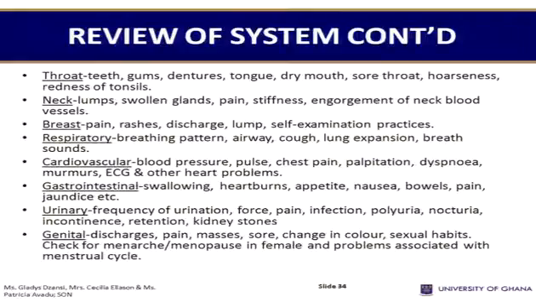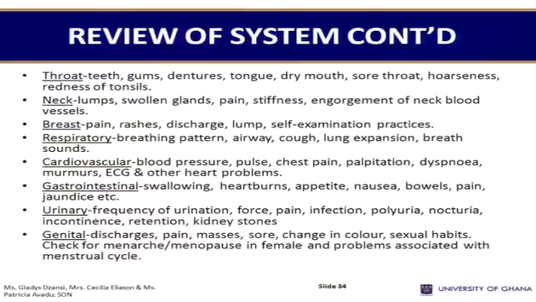With the cardiovascular system, you want to find out if the patient regularly checks the blood pressure and has any idea about his blood pressure. You want to ask about chest pain, palpitation, and dyspnea, or what we call difficulty in breathing.